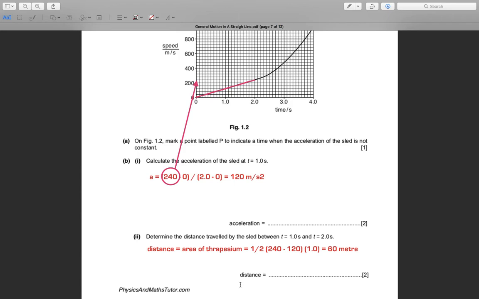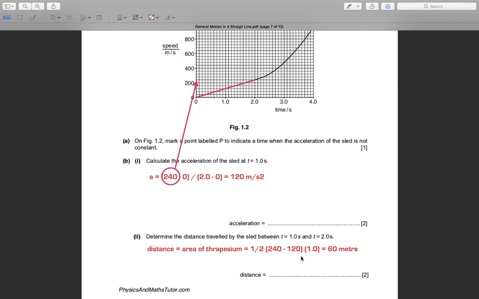Continue again, number II. Determine the distance traveled by the sled between 1.0 second and 2.0 seconds. Distance is the area of a trapezium, so we can say here is 240 minus 120 divided by 2, or equals a half of 240 minus 120, times the distance between 1 and 2, which is equal to 1.